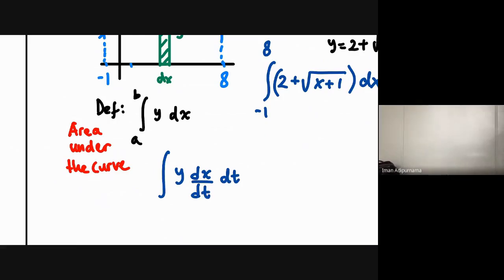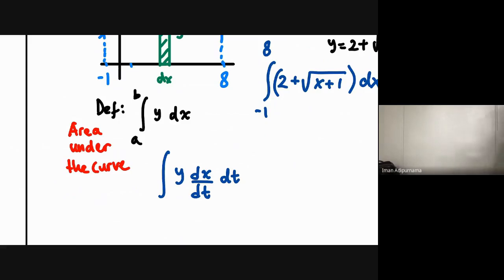It's still a similar meaning, right? So to evaluate from some t1 until t2, we can use y and then dx over dt, meaning x prime, the first derivative of x as a function of t, and then dt.